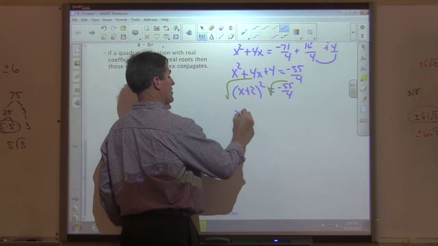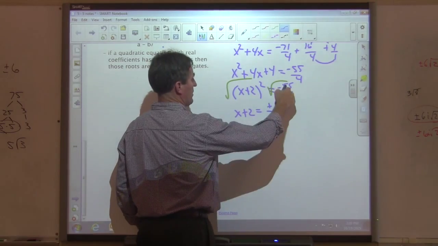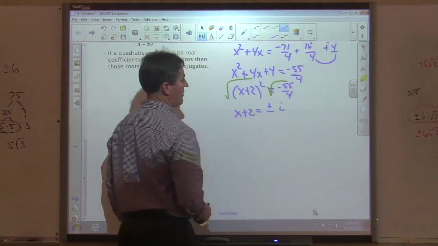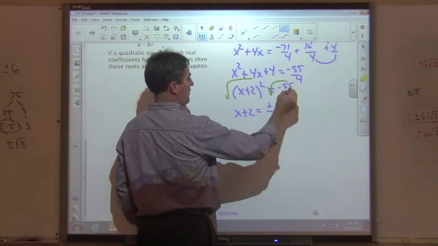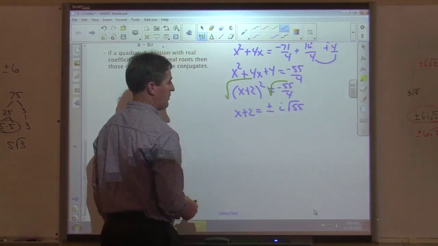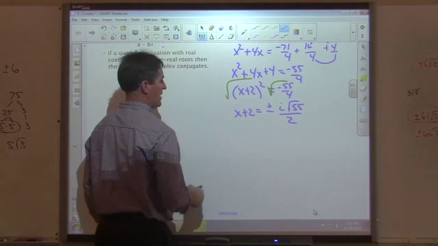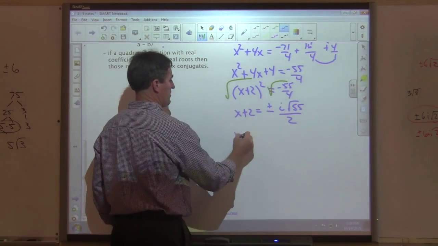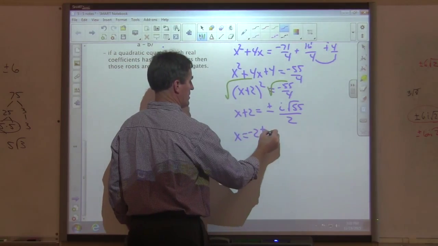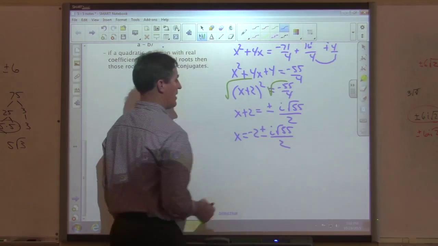So we get x plus 2 equals plus or minus, to deal with that negative sign, I'm going to bring an i out front. There are no perfect squares in 55, so that would stay that way. And the square root of 4 is 2. And now we just subtract 2. And we have the answer.